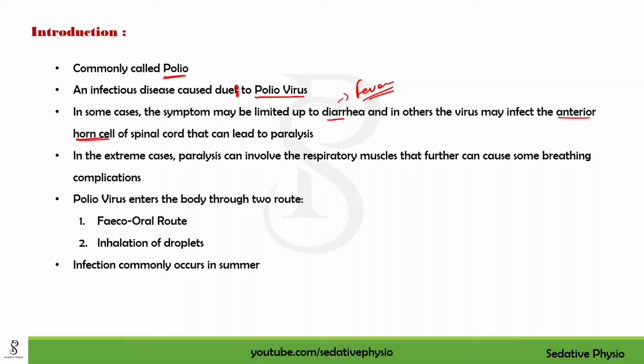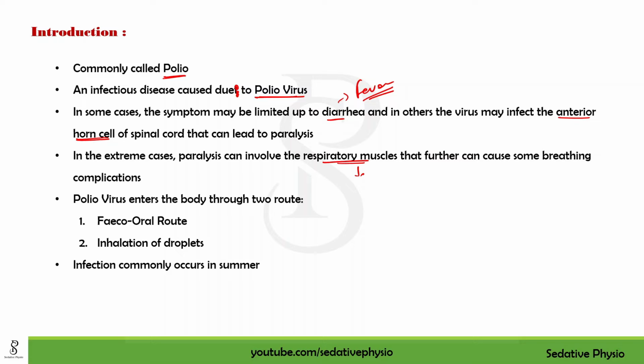In extreme cases of poliovirus infection of the anterior horn cells, paralysis can also occur in the respiratory muscles, meaning the intercostal muscles and the diaphragm.